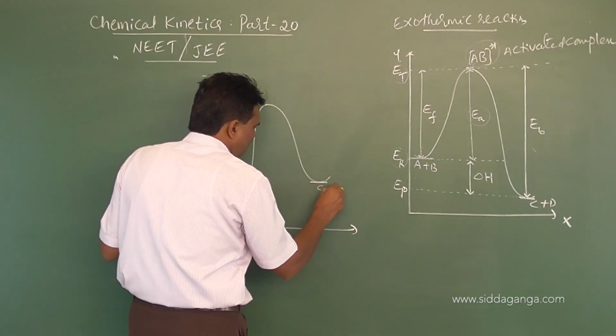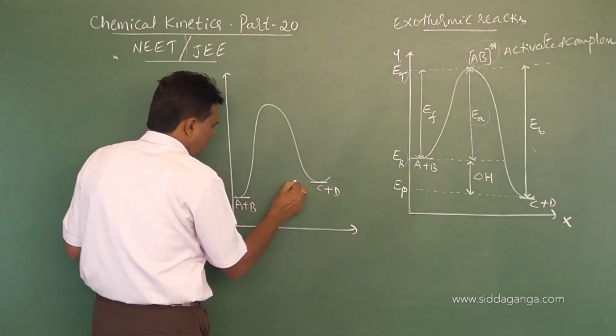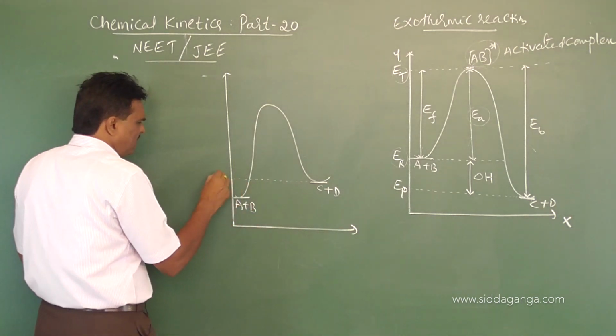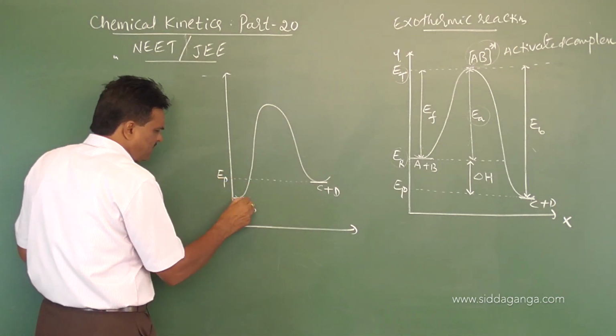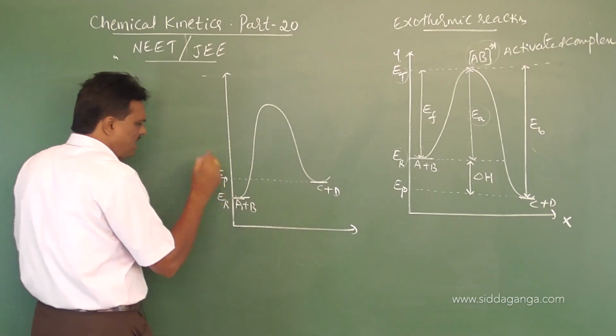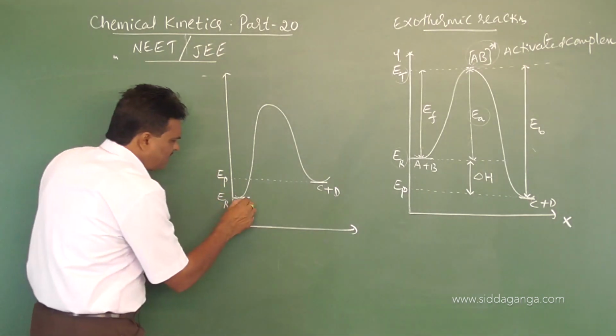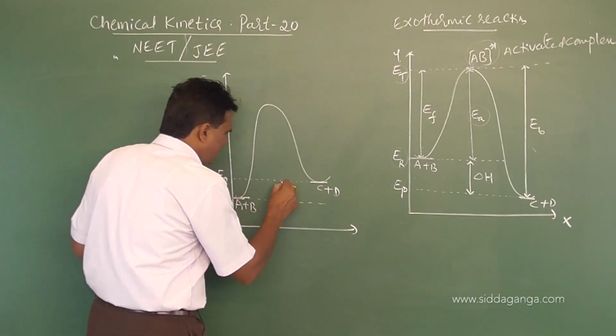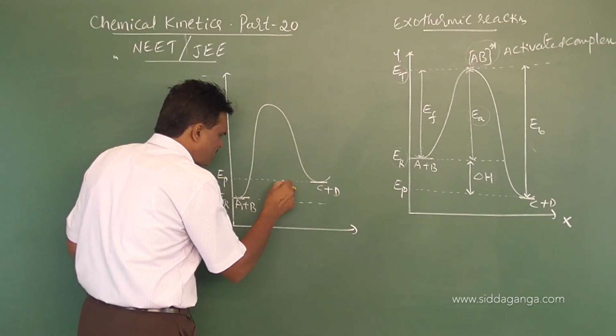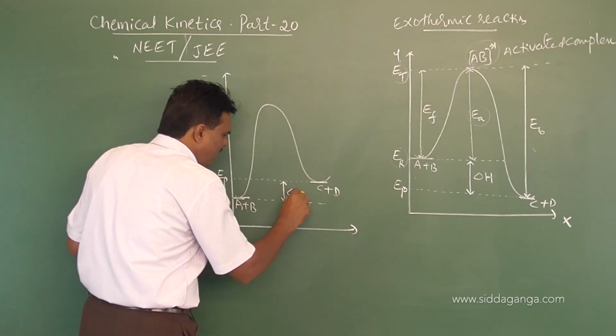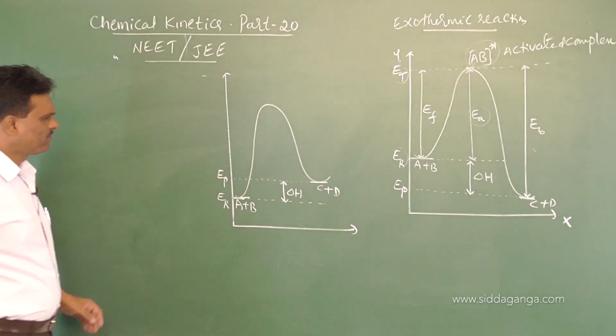These are C and D, the products. This corresponding energy is called EP. This energy is called ER. This difference between the energy of reactants and products is the enthalpy of reaction, or delta H.